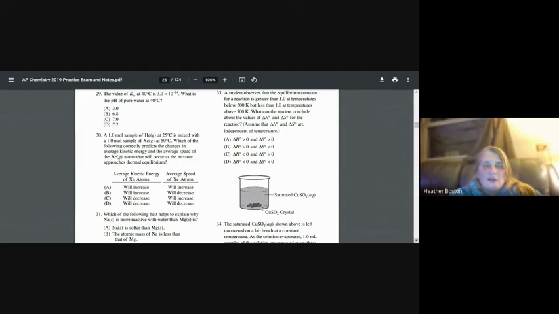We did go over that a little bit. Ka times Kb is equal to Kw. So Ka and Kb are going to be equal to each other when it's pure water. So you're basically taking the square root of 3 times 10 to the minus 14, and the power of that is what we're going to be talking about.